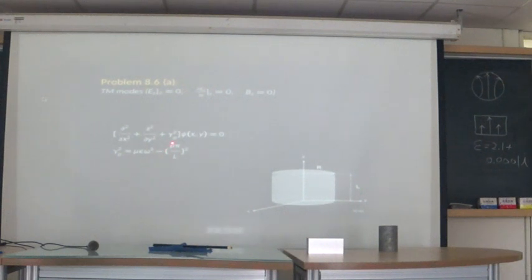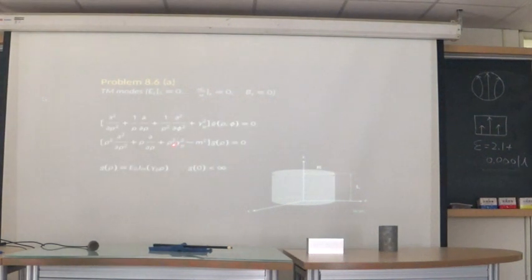Since this is a cylindrical cavity, we change our coordinates into cylindrical coordinates. After separation of variables, we can solve the phi direction, which is equal to exponential i m phi, and m is an integer because the function should be single valued when phi changes by 2 pi.